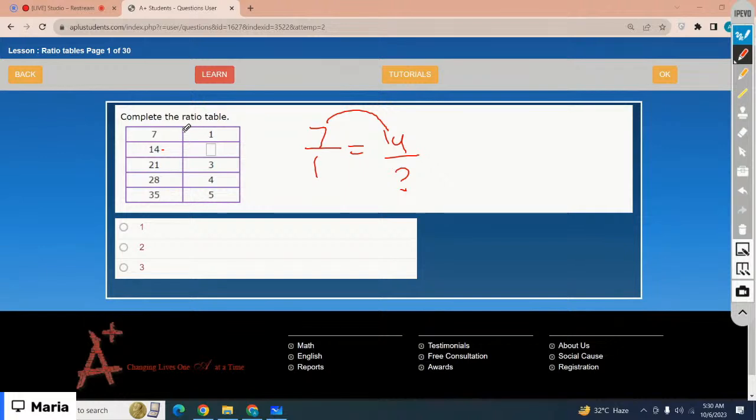They all are equivalent ratios, so you need to multiply them by the same value, right? 7 times 2 is 14, so this one also needs to be multiplied by 2. So 1 times 2 is 2. The correct option is 2. The missing value is 2. Got it?